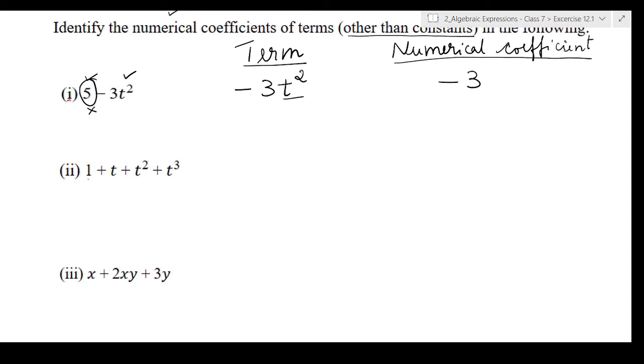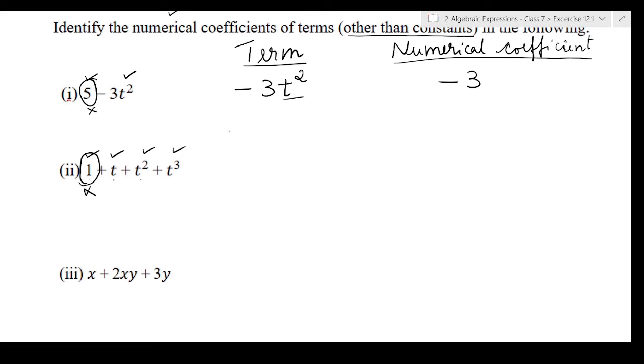We have 1 plus t to the power 2 and plus t to the power 3. Out of these terms, which is the term which is constant? 1 is constant. So we will not take this. We will exclude this.